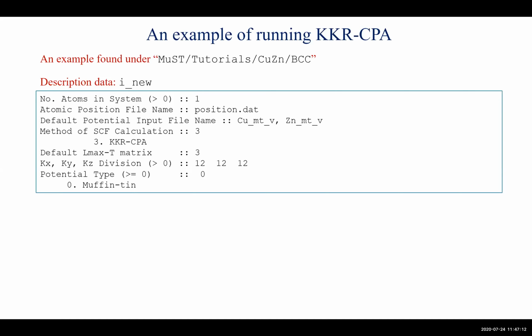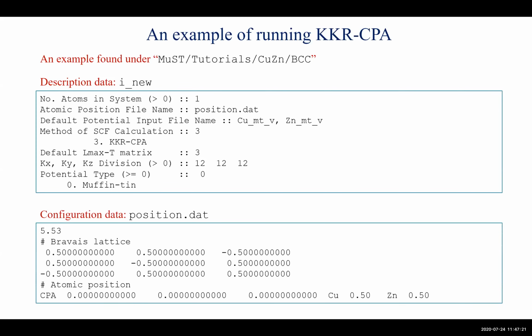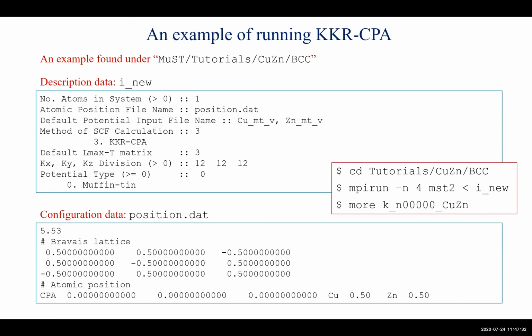It represents, on average, either copper or zinc, so that site should be equivalent now. It becomes only 1 atom, even though in fact we have 2 atoms. Each site can be either copper with 0.5 concentration, or zinc, which is also 0.5. So there's only 1 atom here. That's why it's 1, and this 1 atom is called CPA.